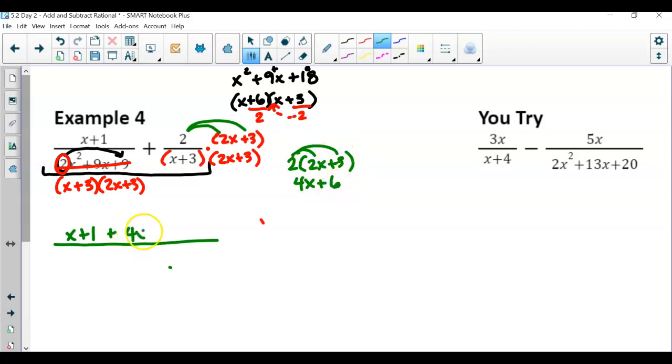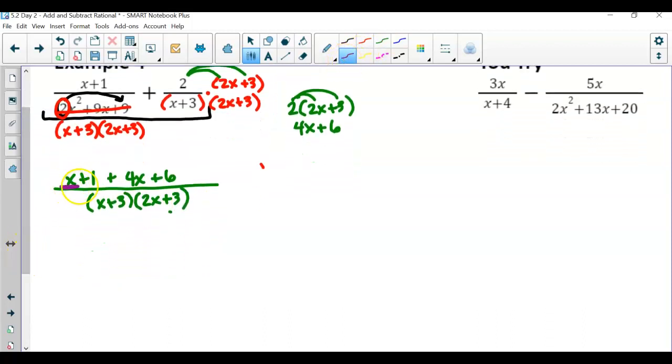So we're adding to that 4x plus 6 over x plus 3 times 2x plus 3. Then combining my like terms here, I see I have x plus 4x, which is now 5x, and 1 plus 6, which is 7, over x plus 3 times 2x plus 3, final answer.